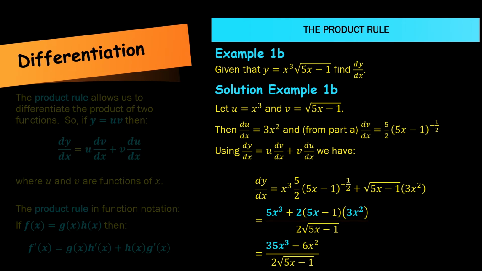We can now tidy up the numerator to give us 35x cubed minus 6x squared all over 2 times root 5x minus 1. And factorising this gives us this expression here.